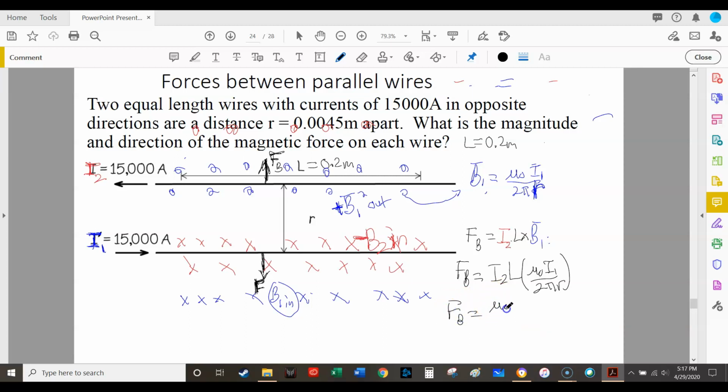to mu naught L I1 I2 over 2 pi r. Okay, and then I'm going to now plug in our numbers.